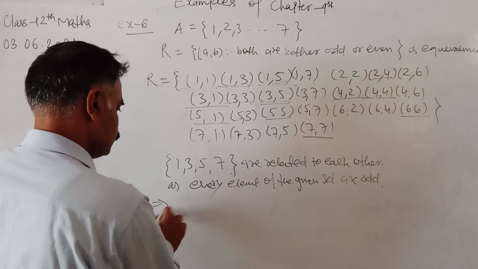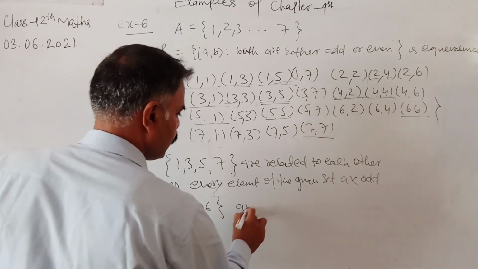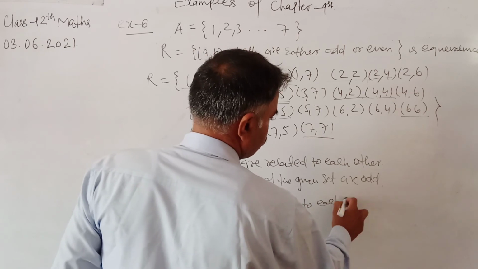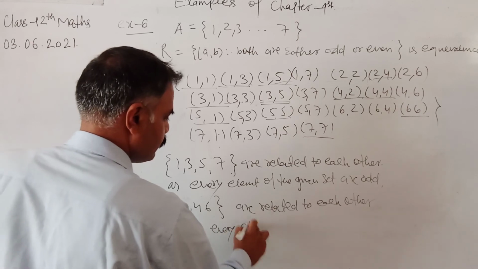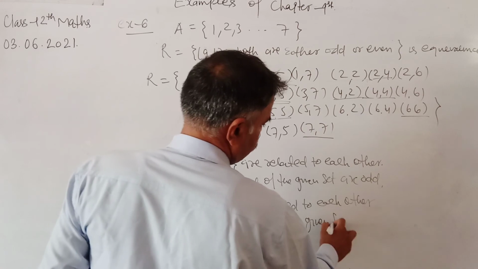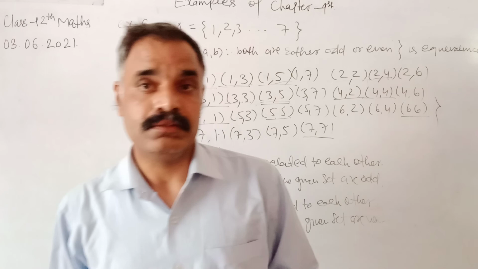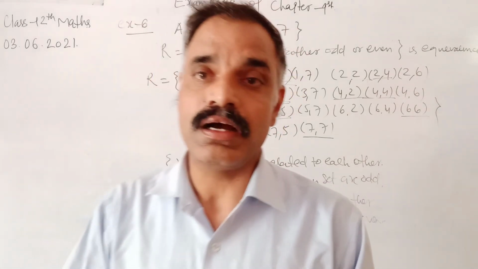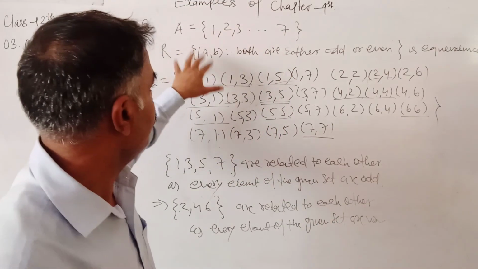So 2, 4, 6 are related to each other, as every element of the given set is even, and none of the elements of the set 1, 3, 5, 7 are related to 2, 4, 6, as the relation is defined.